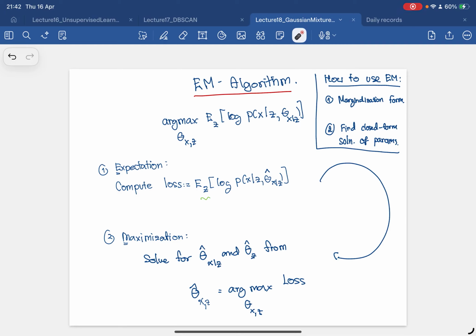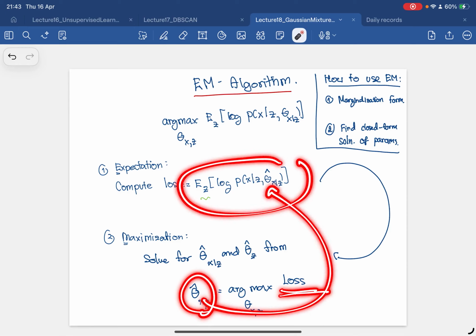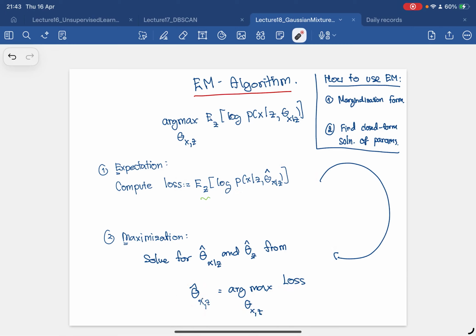Throughout the way, when you estimate the model parameters and compute the expectation, once you solve for the loss and get these model parameters, you put them back, calculate the expectation, and do it again. Once you calculate all of these, you will get the best possible value for the model parameters of x given z. And then after that, you use these model parameters to estimate the unknown z. Okay.